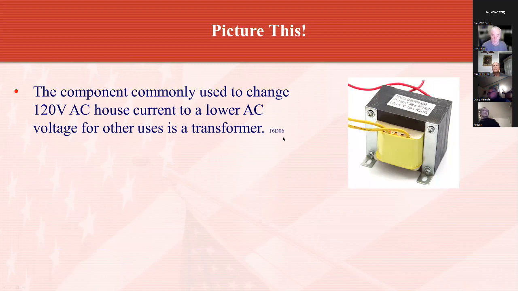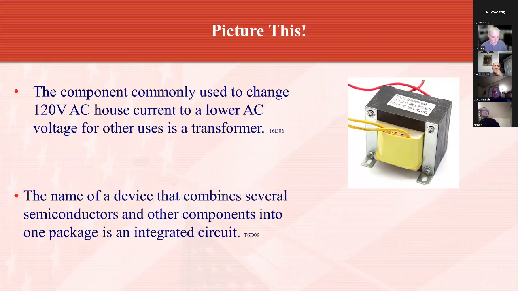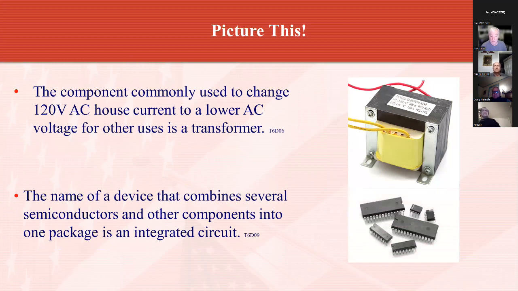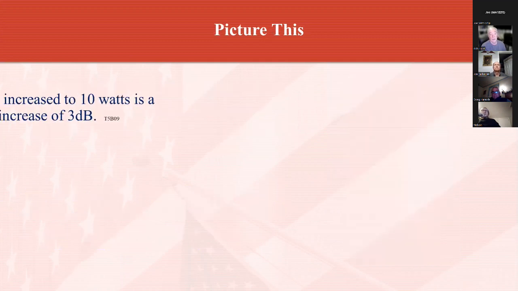We've all probably seen one at one time or another. So the name of a device that combines several semiconductors and other components into one package, that's an integrated circuit, or better known commonly as an IC.